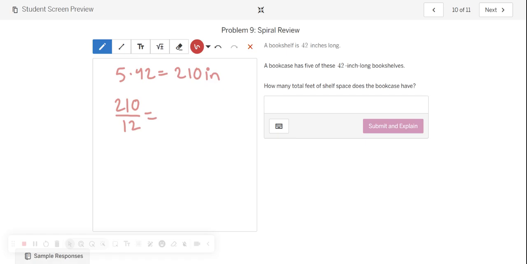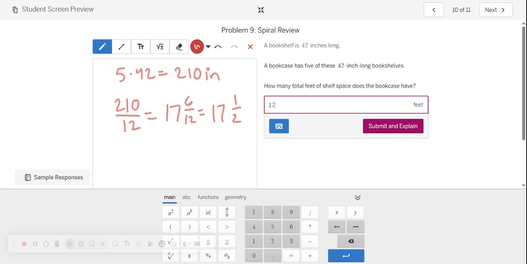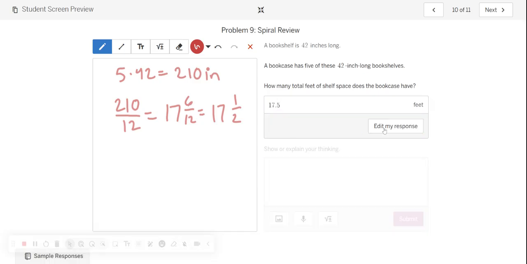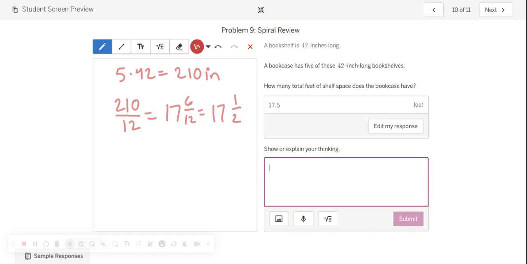I look at my multiplication chart, and 12 times 17 gets me to 204, and 6/12. That's 17 and a half. I'm going to cheat and do that as a decimal. 17.5. Submit and explain. Once again, see work.